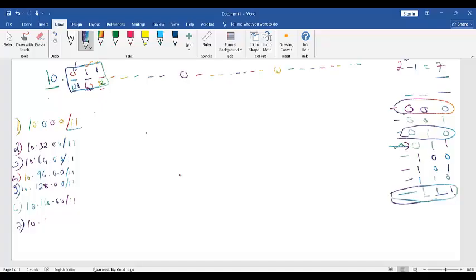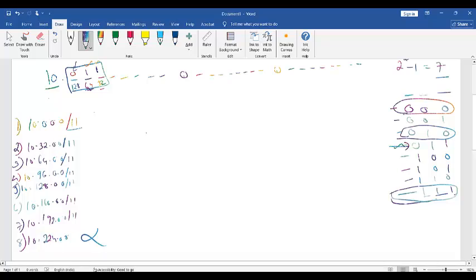Next will be 192. 10.192.0.0/11. And the last one, we are not supposed to use it, but I want you to write it. Yes.